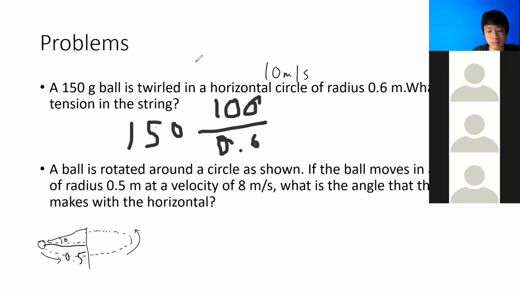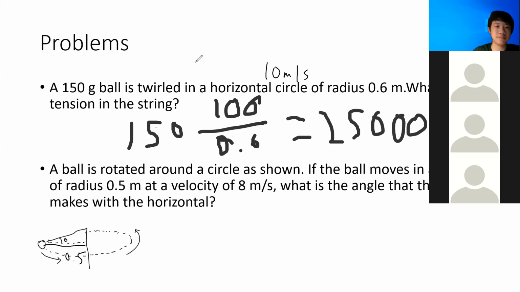And my calculator said the whole thing is equal to 25,000, but since this is in grams, we have to convert it into kilograms, which gives you 25 because you're dividing by 1,000. Yep. So instead of writing 150 here, you could write 0.15 kilograms. And that would give you 25.